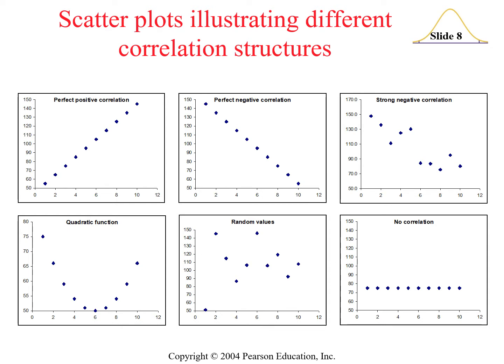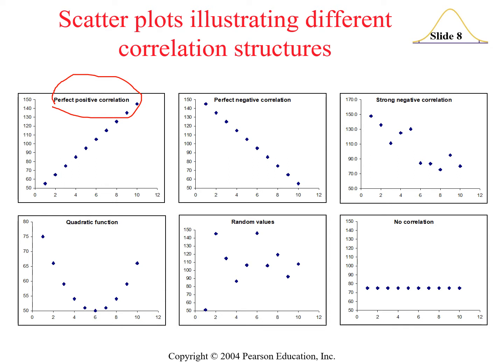For the first one, for example, the points represent a straight line. When points of xy represent a straight line, this is called perfect correlation. The perfect correlation can be positive or negative depending on the slope of the straight line. So here we have positive slope, straight line. That means we have perfect positive correlation. The same for negative correlation.